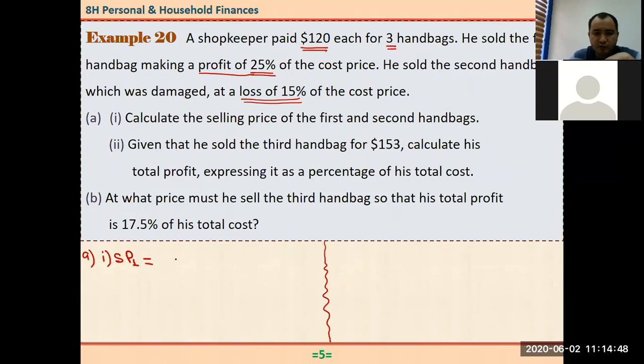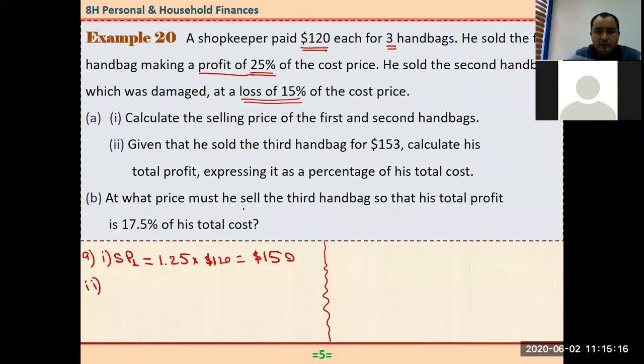So the selling price will be 100% plus 25%, that is 125%. So we multiply the cost price by 1.25 times 120, which is equal to 150.